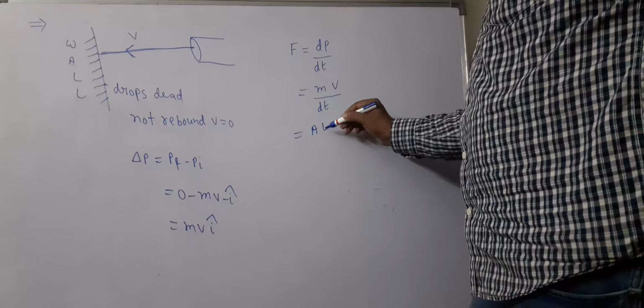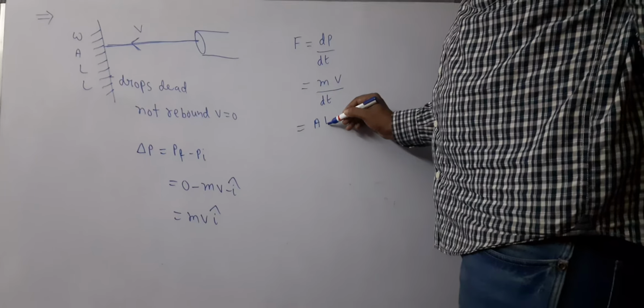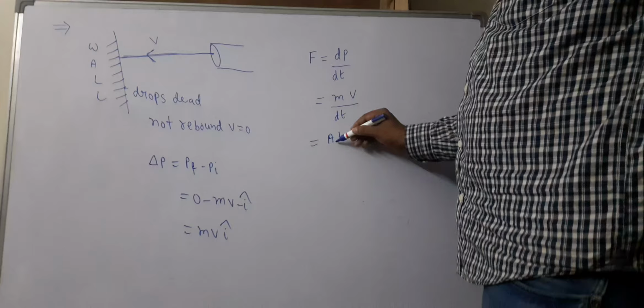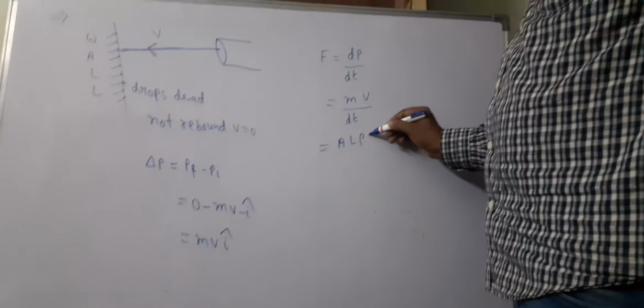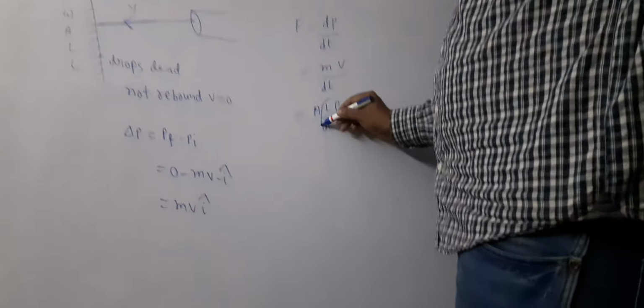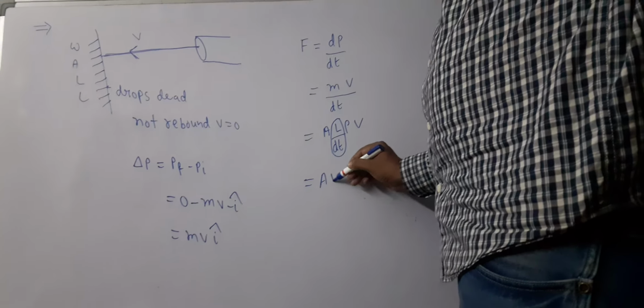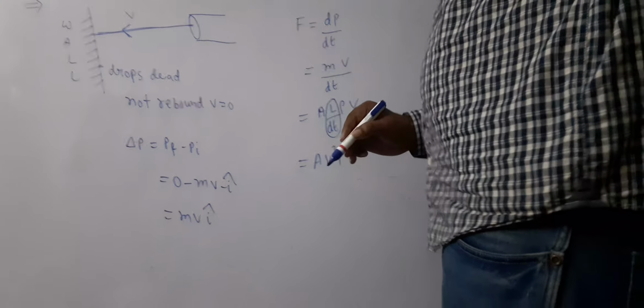Volume is the cross-sectional area of the pipe times the distance traveled by the water. Distance by time is called velocity. Finally, it is written as A v squared rho.